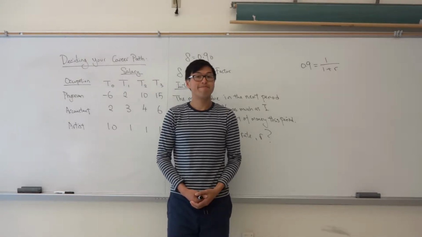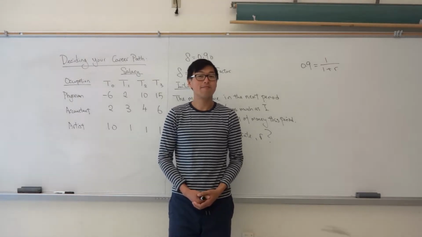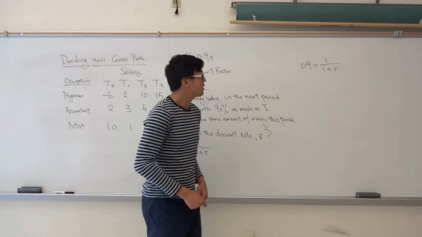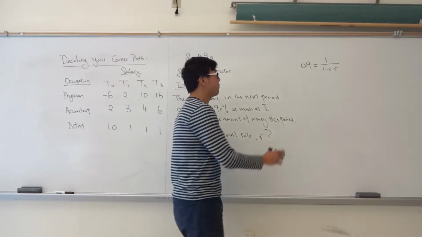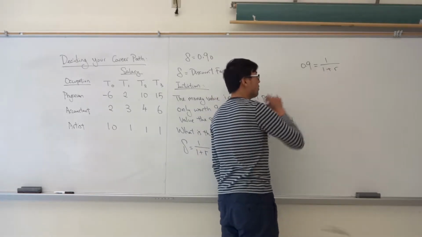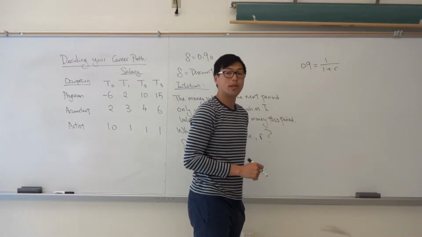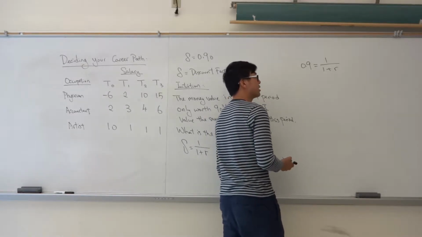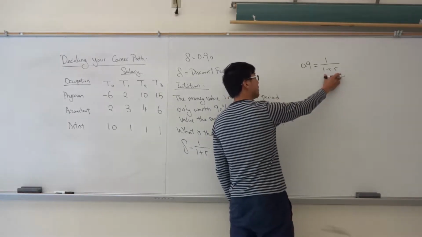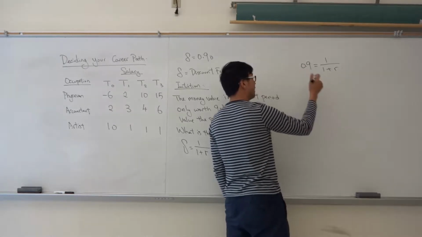So, are you ready to solve for R? Let's suppose I have 0.9 equals 1 over 1 plus R. I'm going to use some very basic algebra here. I'm going to move this bottom part to the left-hand side.